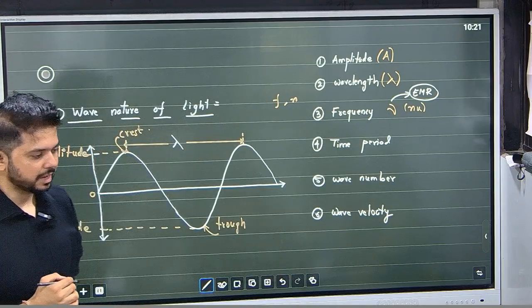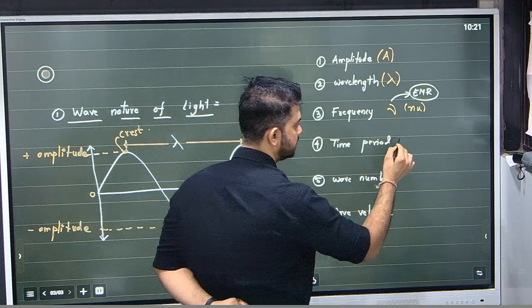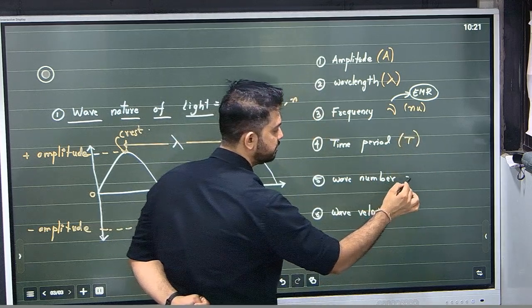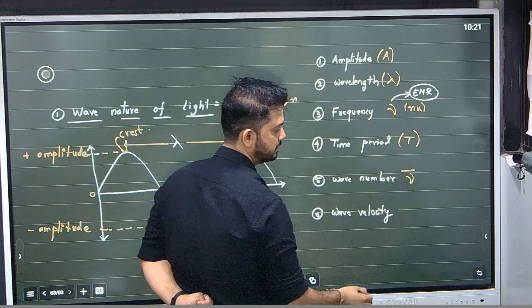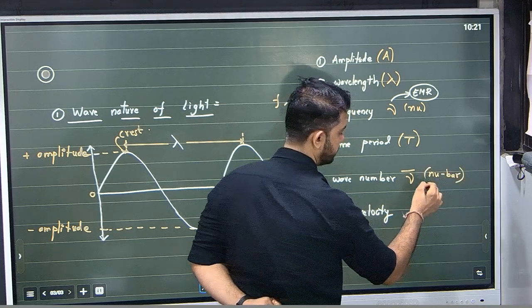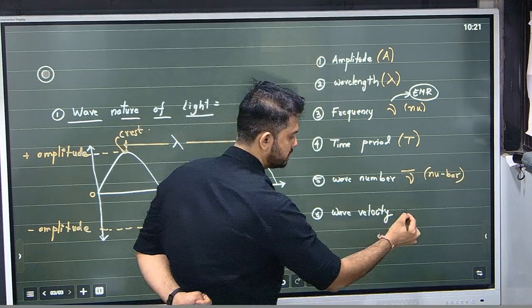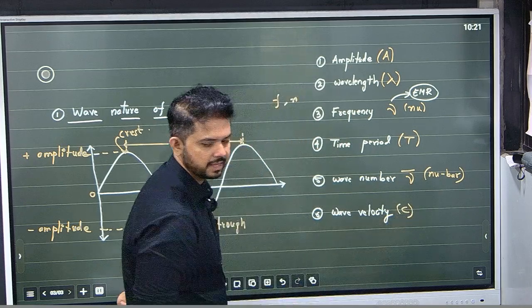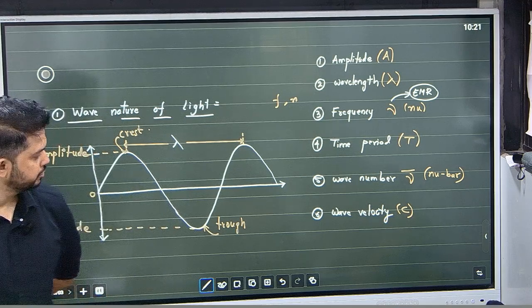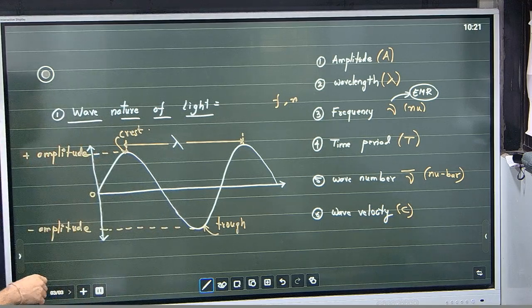Next, time period is given as capital T. Wave number, people, is given by nu bar. And wave velocity is given by the symbol C. Getting that? So first, please draw the diagram for me, and then we'll write each and every parameter.